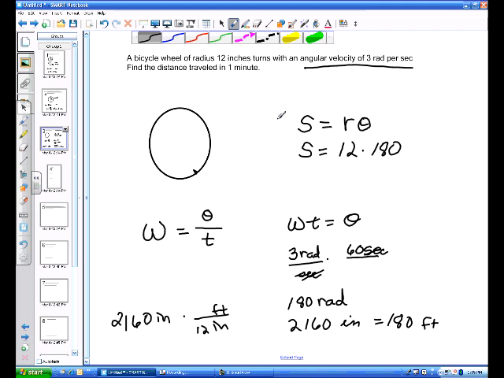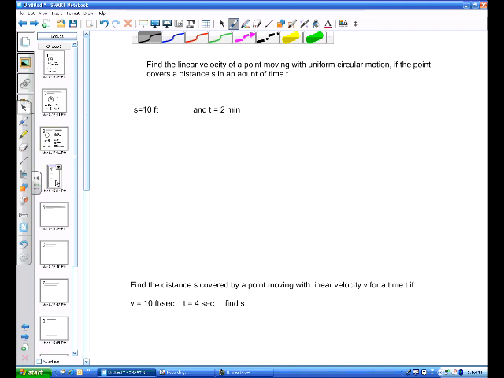What you often want to do is start off with the formula for what you're trying to find. We were trying to find the distance, which dealt with how far a point on the edge had turned, and so we started off with that formula. We looked at what we were given. We were given the radius, but we were not given the central angle. So then we went to another formula of what we had been given so that we could find the unknown.